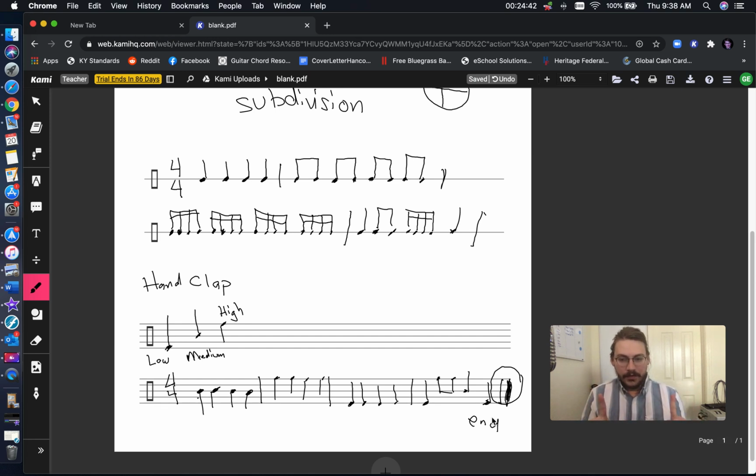Now we're going to do that with claps. So we've got medium first for our first measure, and it will go ta ta ta ta. Do our second measure, ta ta ta ta. We're going to do it on our fingertips though. Next measure low, 4 beats. Ta ta ta ta.